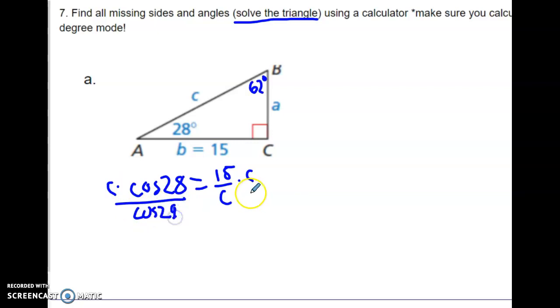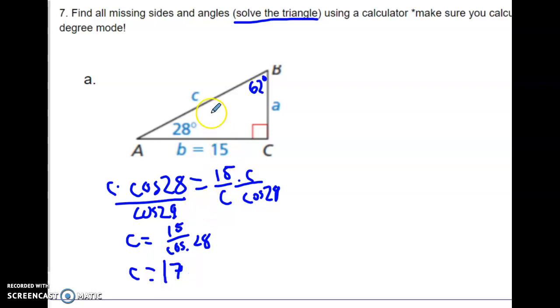So C is equal to 15 divided by the cosine of 28. I grab a calculator and put that in, and the answer is approximately 17. That makes sense. The hypotenuse is always going to be bigger than one of the legs.